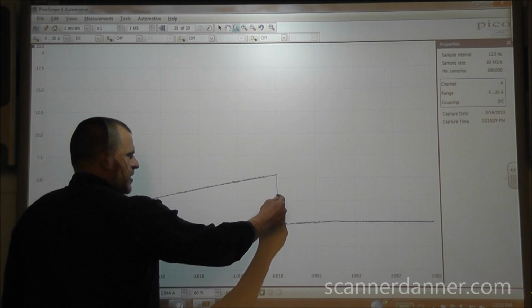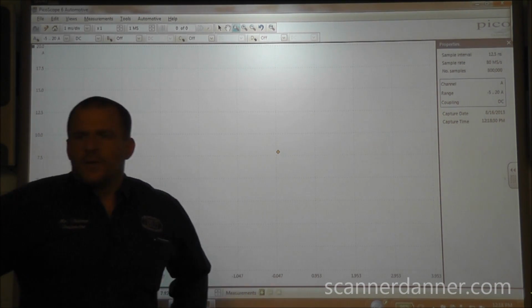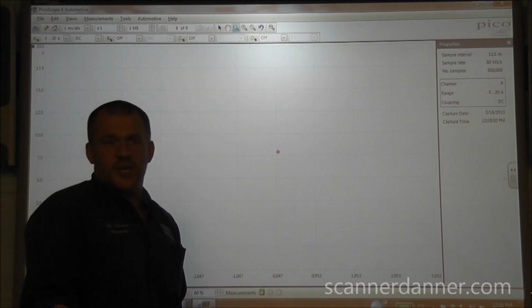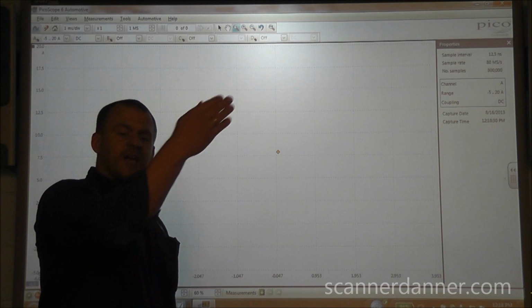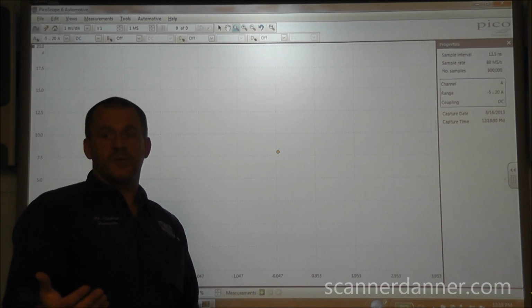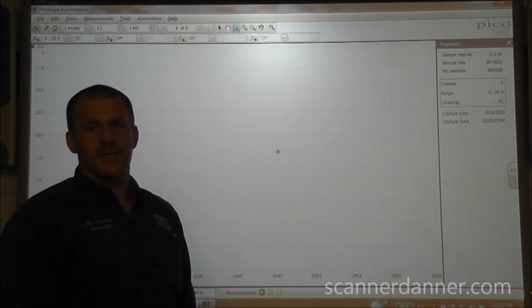If I move this trigger out of the range, notice what happens. Nothing at all. So let's say you're acquiring a new signal, injection pulse, and your trigger is set too high. You're going to think that you don't have injection pulse. Maybe it's a no start. That can really throw you in the wrong direction, can't it?